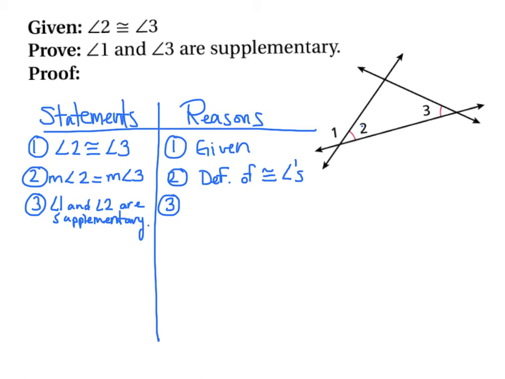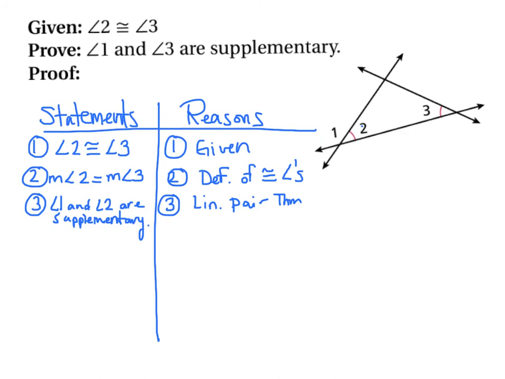Remember what it states. The linear pair theorem states that if you have two angles that form a linear pair, we know they're supplementary. So we can say angle 1 and angle 2 are supplementary because of the linear pair theorem. We know they're a linear pair because a linear pair means they make a straight line.